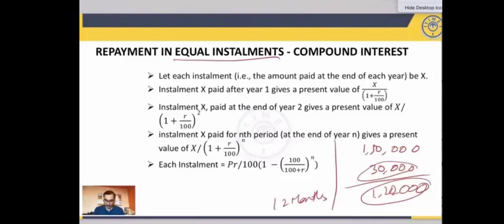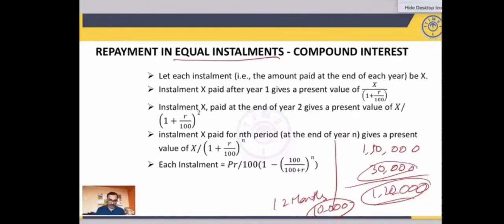So every month how much do you have to pay? 1,20,000 divided by 12 will be how much? 10,000. That means every month you need to pay an amount of 10,000, if there is no interest. If there is interest, you need to add the interest component and then pay the amount. That is nothing but installments.